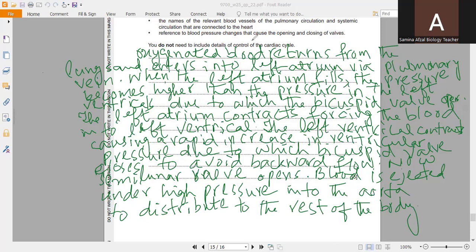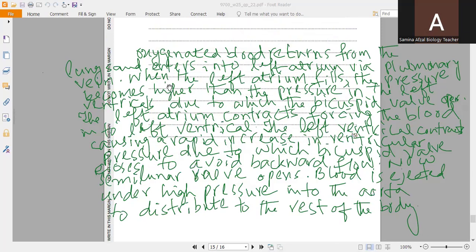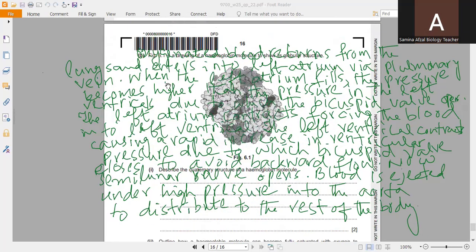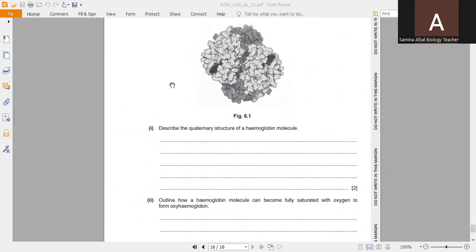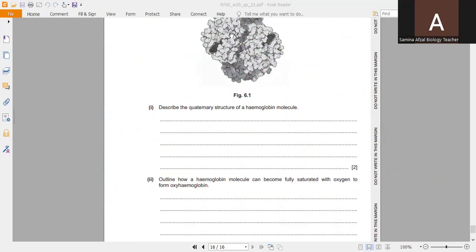Now the next question is, figure 6.1 is a drawing of the hemoglobin molecule to show its globular structure. Describe the quaternary structure of a hemoglobin molecule.